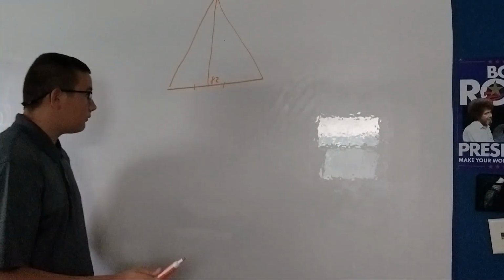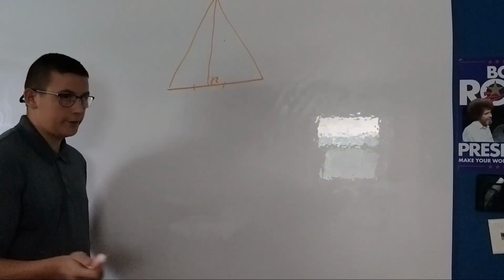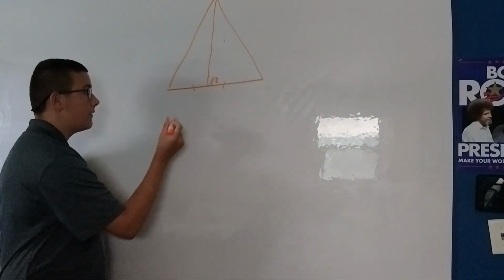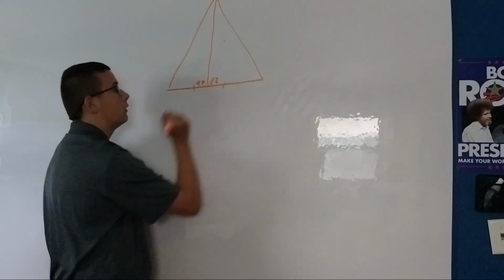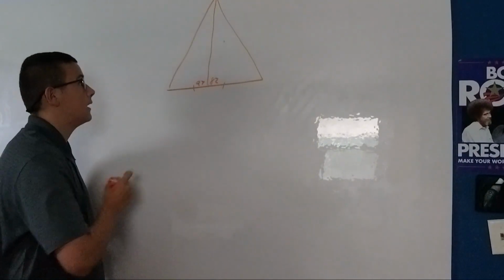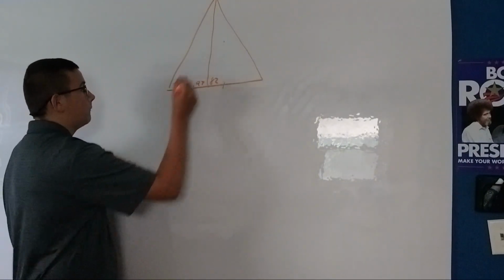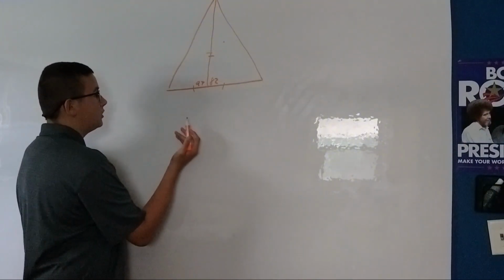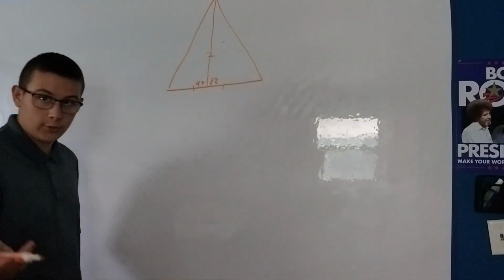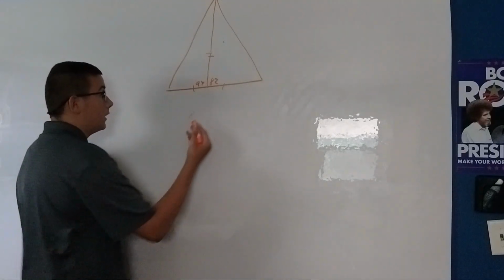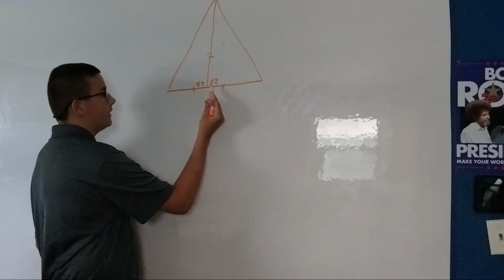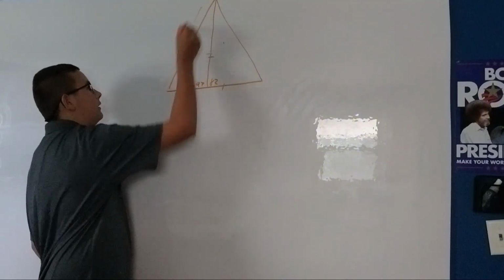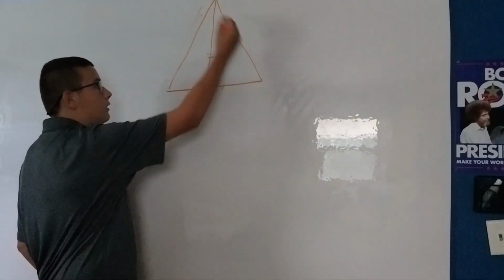So if they are supplementary, you'd have to subtract from 180, this would be 97 degrees. And then from there I can also tell you that those are going to be congruent, which means that we know that these are going to be similar. And 97 or 82, well 97 is larger, so I can tell you right now that this side is going to be larger than this side.